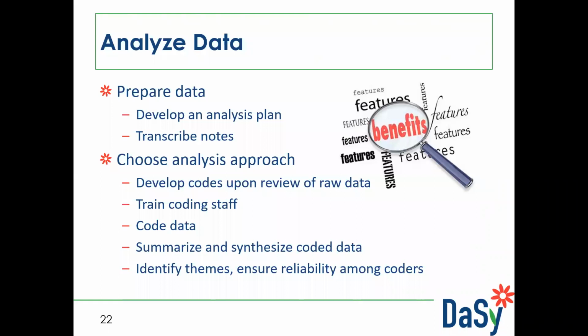You will then need to actually code the data and summarize and synthesize the information. So again, this is an iterative process that will take some time, but yield rich information that has depth and detail that is very complementary to quantitative data. And next slide.